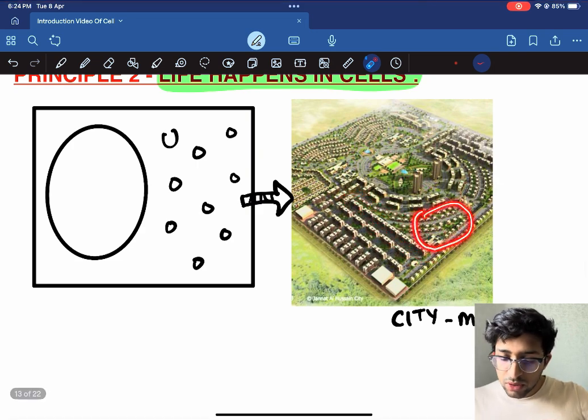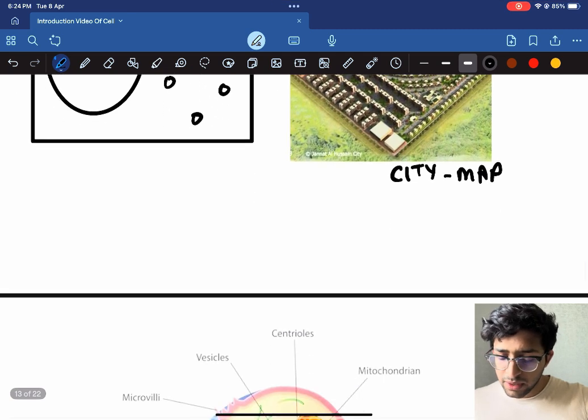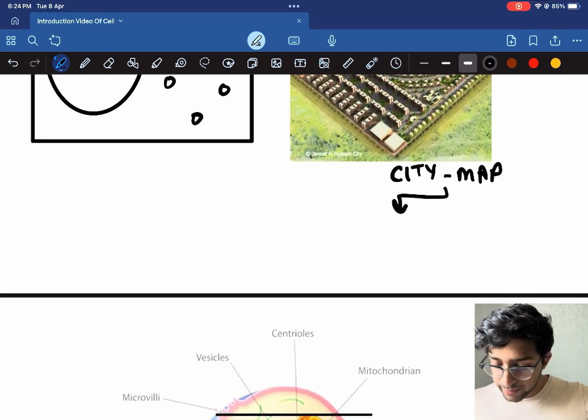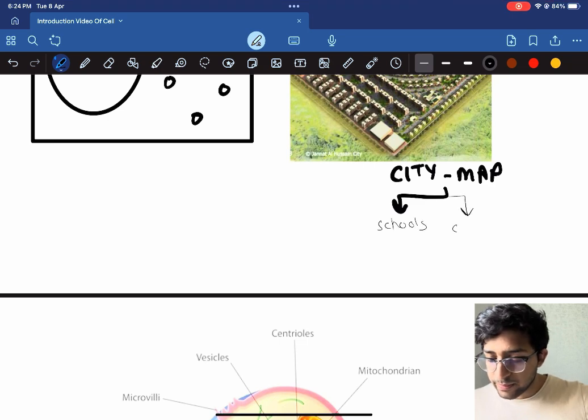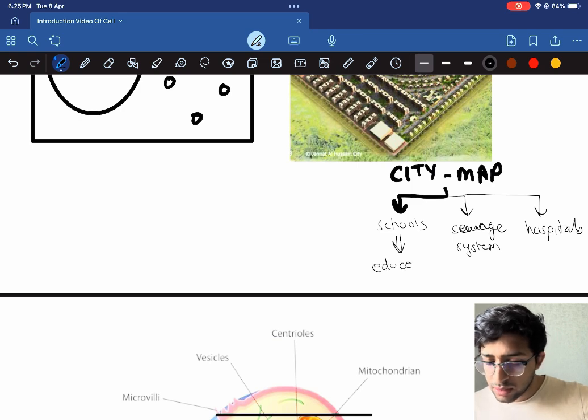In a city we have schools, a sewage system, hospitals, police stations, and each building has a different function. For example, school is for education, the sewage system is for waste, and hospitals are for healthcare.